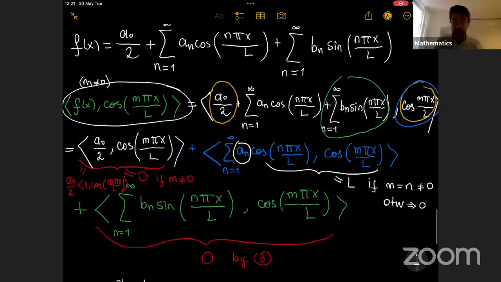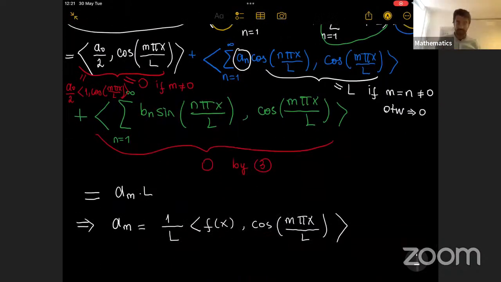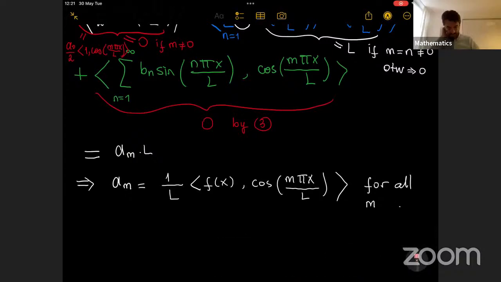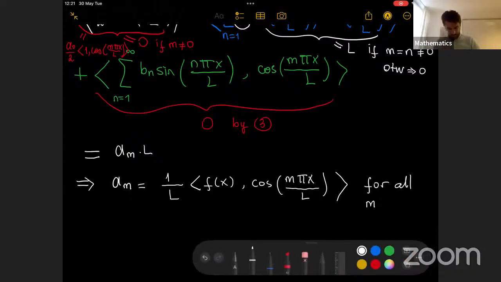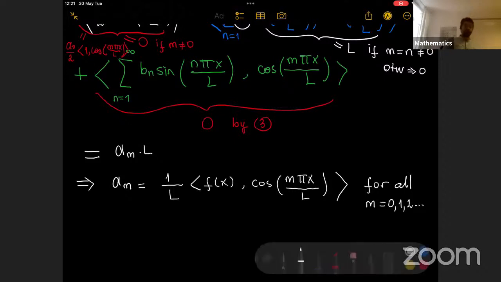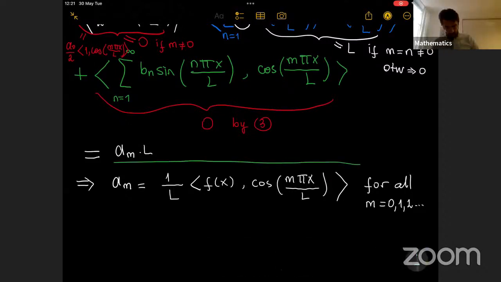So we will get the same thing. So this is true for all m natural numbers, because it starts with zero. Let's write like 0, 1, 2, like this. So we get this formula for the coefficient, and we will use it later.